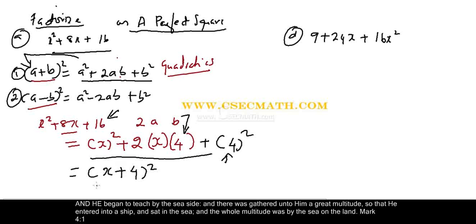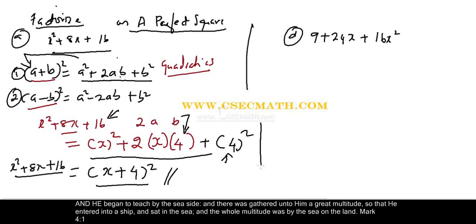So this is the solution when we have been given x squared + 8x + 16 to factorize it or to convert it as a perfect square.